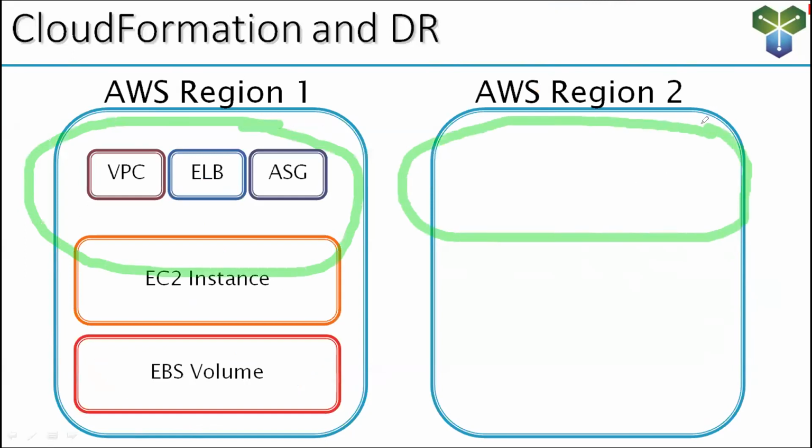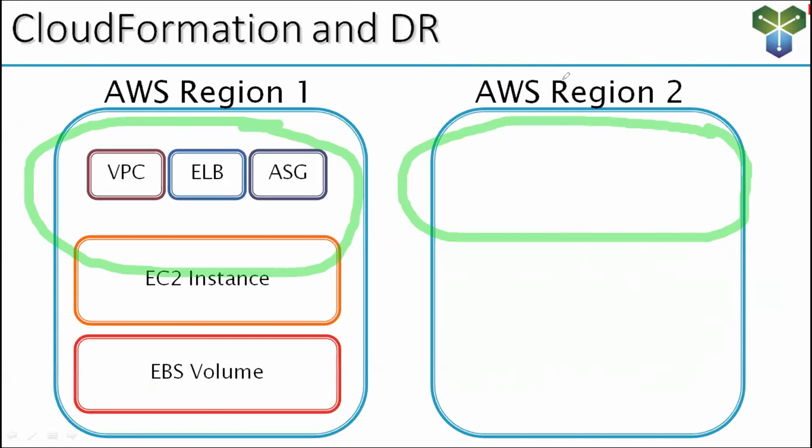There's all kinds of tricks to this. I'm not going to get too deep into the CloudFormation side of things, but you can use variables and conditions and stuff like that, so that in AWS region 2, you can use the exact same CloudFormation templates to create the exact same type of environment. So it's a seamless sort of transition.